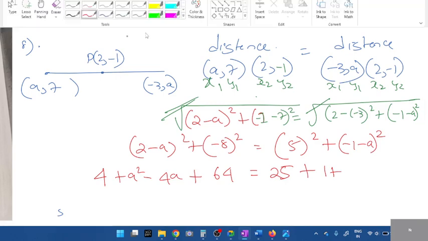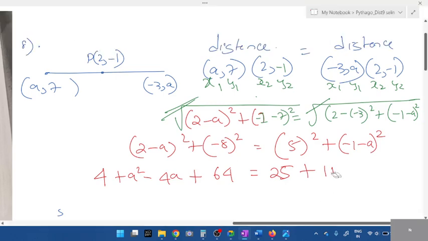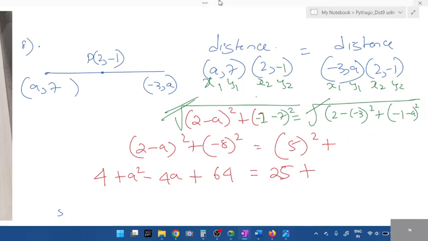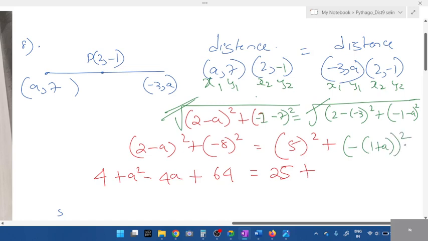See this part, you didn't understand. Minus is common for both minus 1 and minus a. If you take minus outside, you'll get it like this.